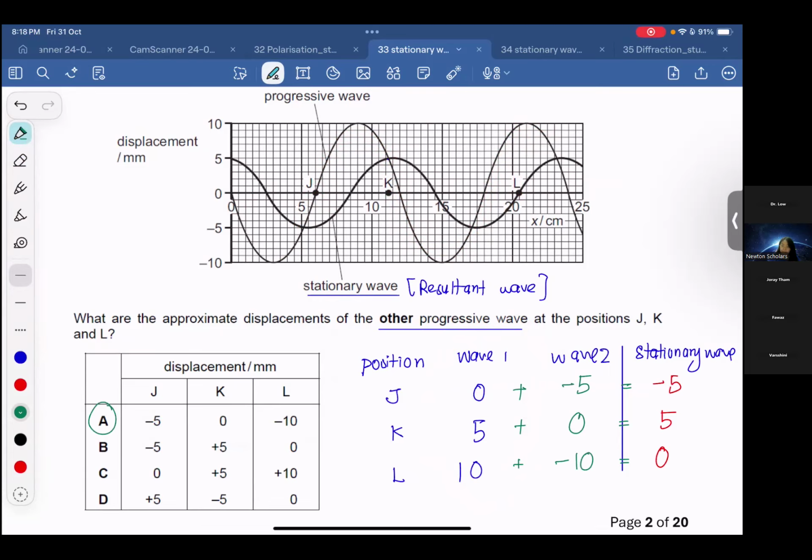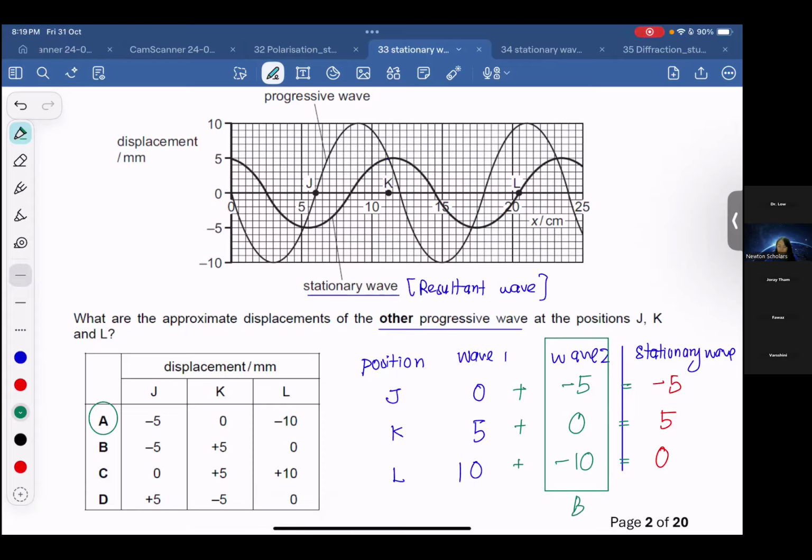Your answer should be A. Manjo, no. Manjo, check what is the problem. The unknown wave should be -5, 0, and -10. This is our answer.